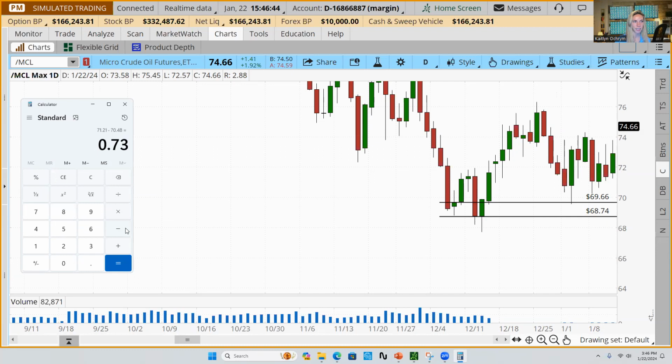That's 73 ticks at $10 per tick. 73 ticks times $10 per tick on the crude oil full-size contract. $730 move just on one contract on the daily chart, $730. Not too shabby for that move.